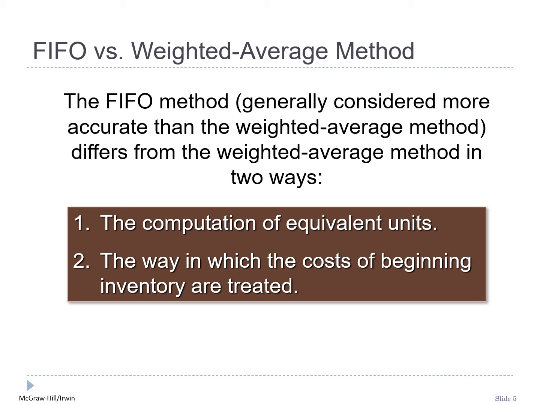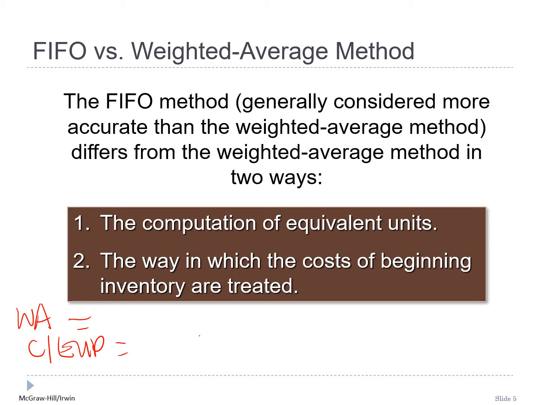So because the way in which the cost of beginning inventory is treated is different, our computation of cost per EUP is also different. When we use weighted average, how do we compute the cost per EUP?